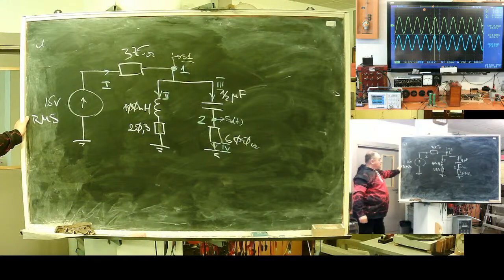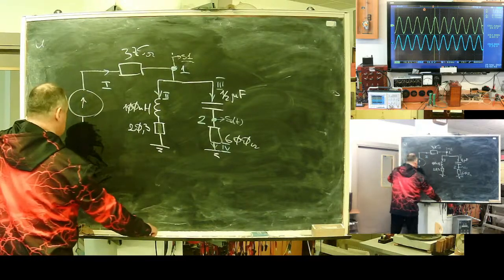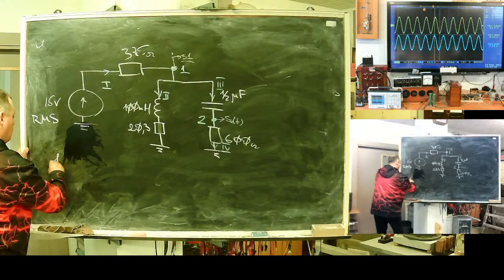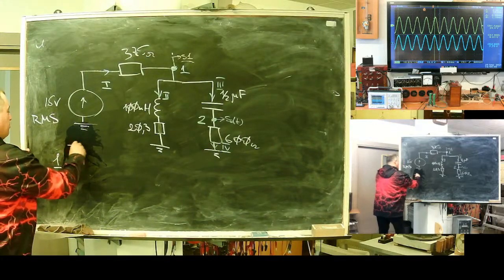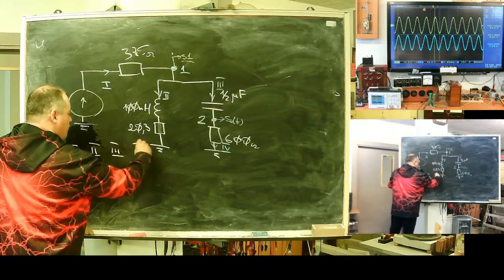I'm doing the same thing I did with DC networks. Now what I need to construct is the nodal matrix. I need to show how nodes are connected with branches. So I will have node 1, node 2, branch 1, branch 2, branch 3, and branch 4.